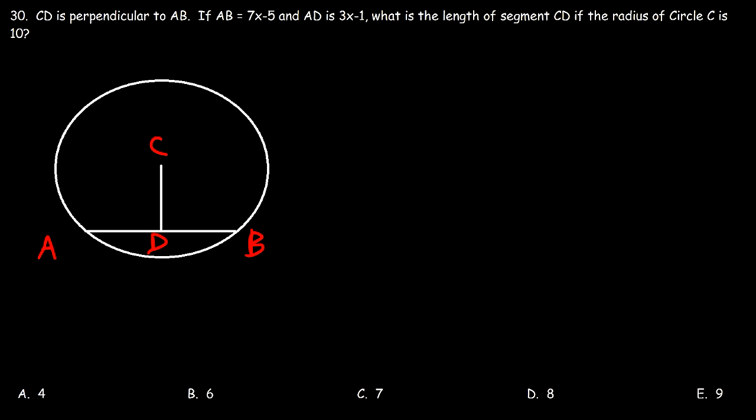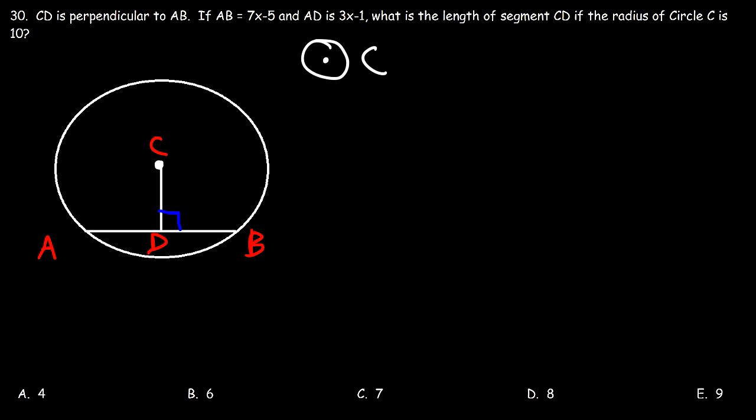Number 30. CD is perpendicular to AB. If AB is 7x minus 5 and AD is 3x minus 1, what is the length of segment CD if the radius of circle C is 10? So we know that C is the center of the circle and CD is perpendicular to AB.